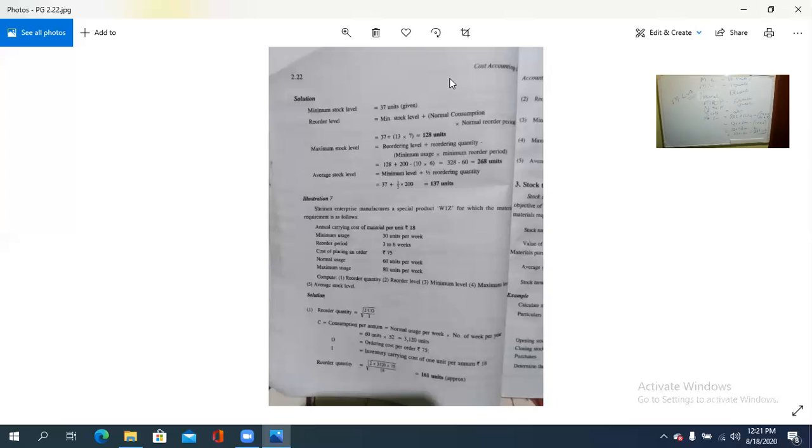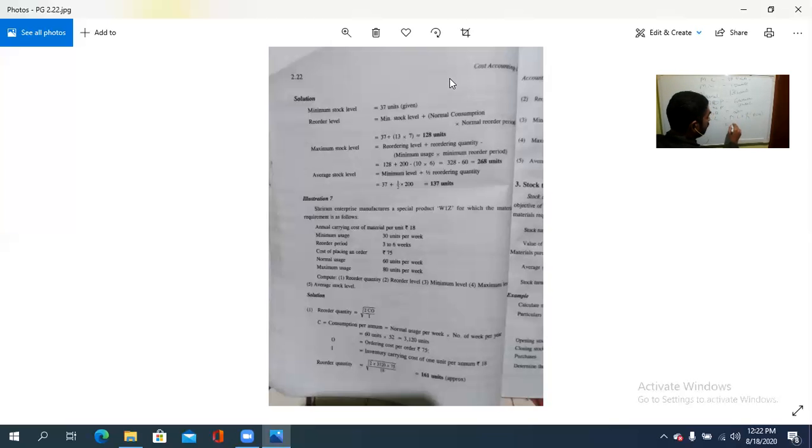268 units. Then next we need to calculate the average stock level. Average stock level is equal to minimum level plus half of reorder quantity.